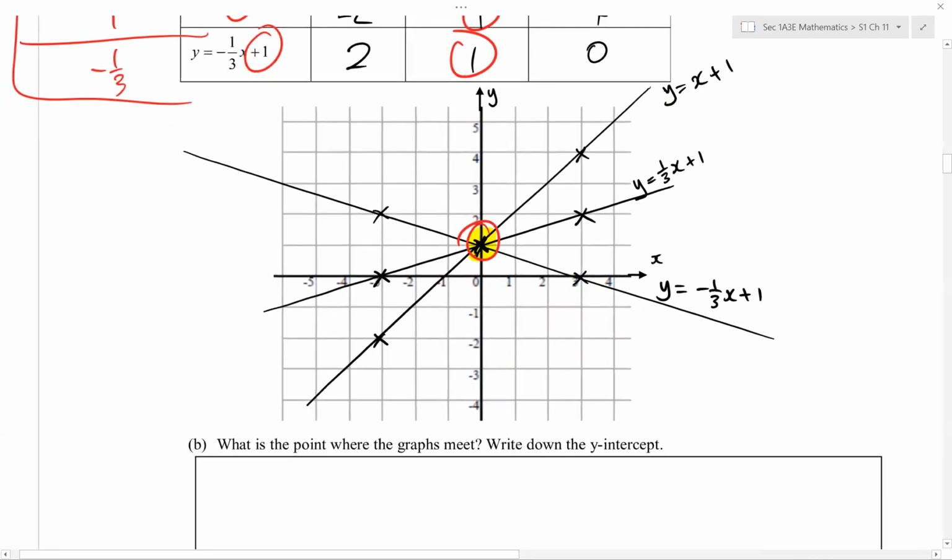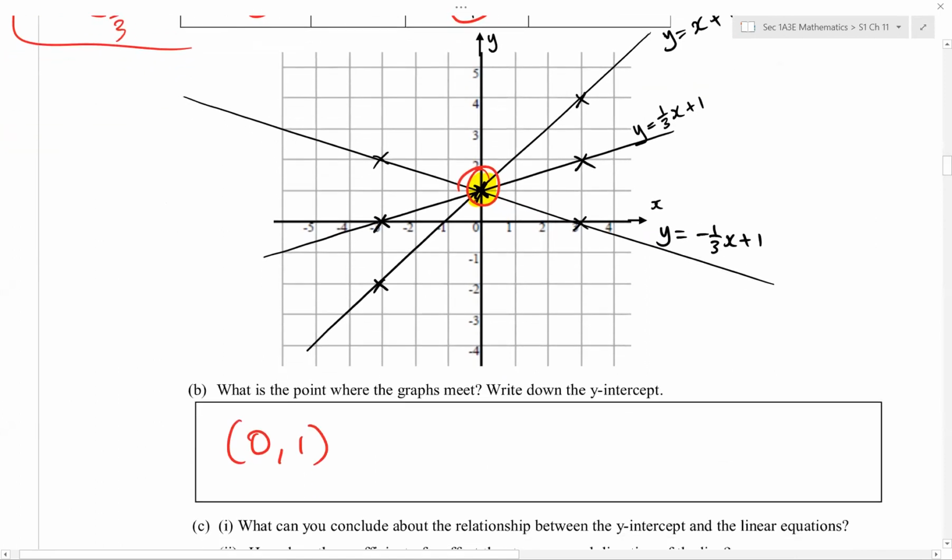So let's answer part B now. Where is the point that they all meet? It is point 0, 1. 0, 1 is where they meet. But when they ask you for the y-intercept, it literally means where is your y-axis intersected?